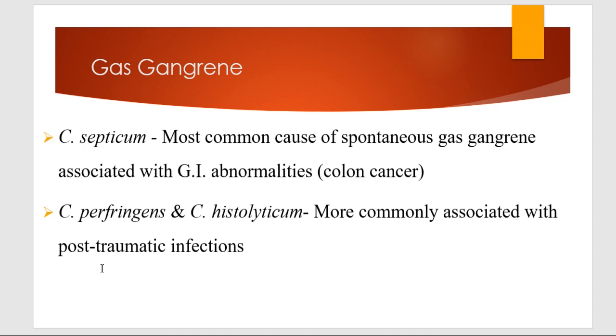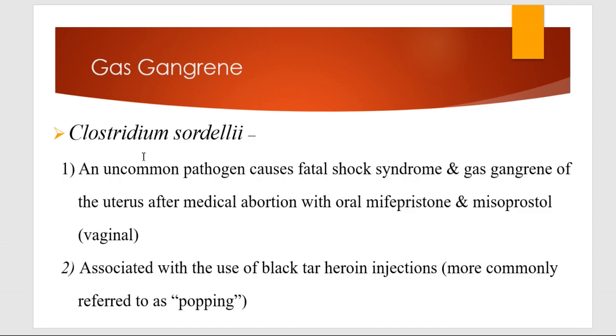Whereas in post-traumatic infections of gas gangrene, it is due to Clostridium perfringens and histolyticum. These are the two species of bacteria we commonly come across in post-traumatic infections. In GI conditions, Clostridium septicum is important.